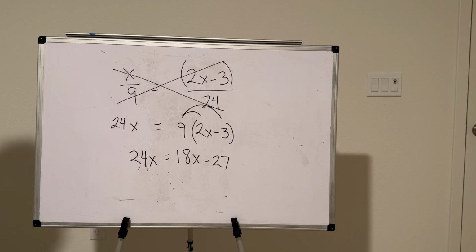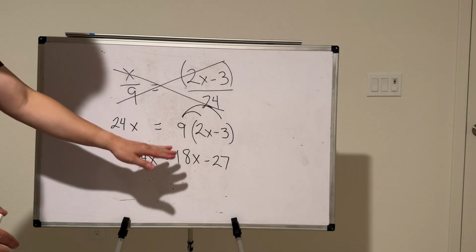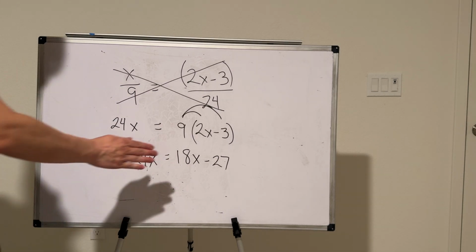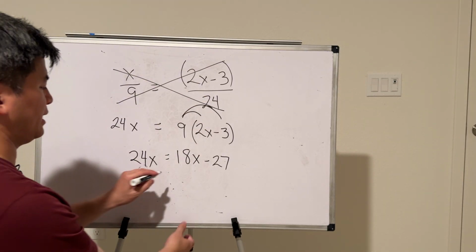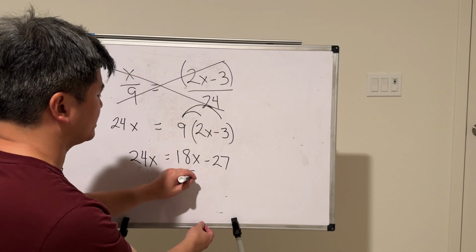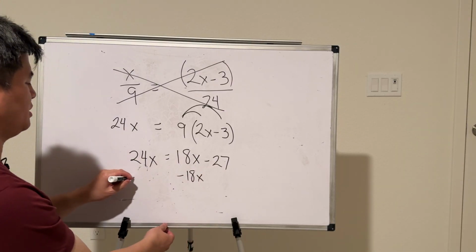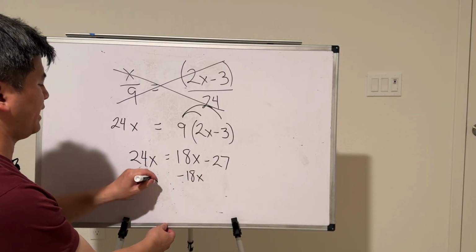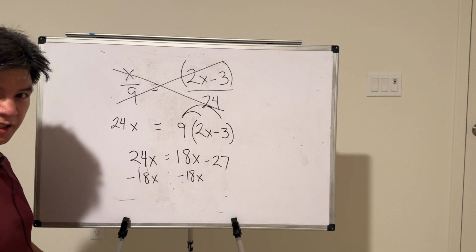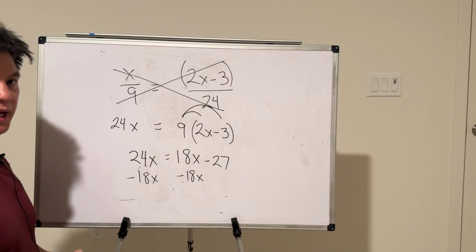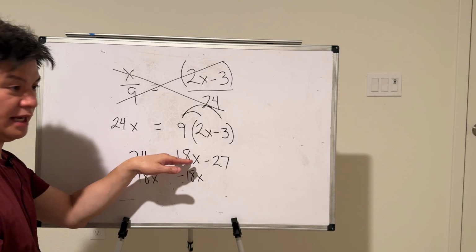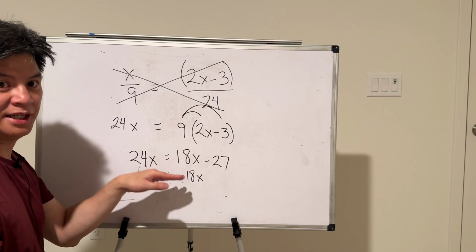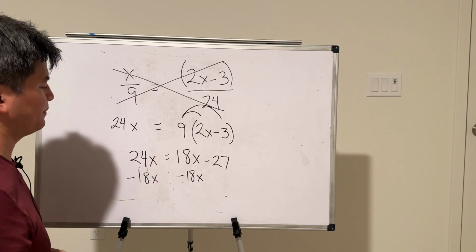I want to isolate the x, so let's remove this 18x by subtracting 18x from both sides of the equation. Don't forget that x. You're not subtracting 18, you're subtracting 18x, because canceling out a positive 18x requires that you subtract 18x from it.